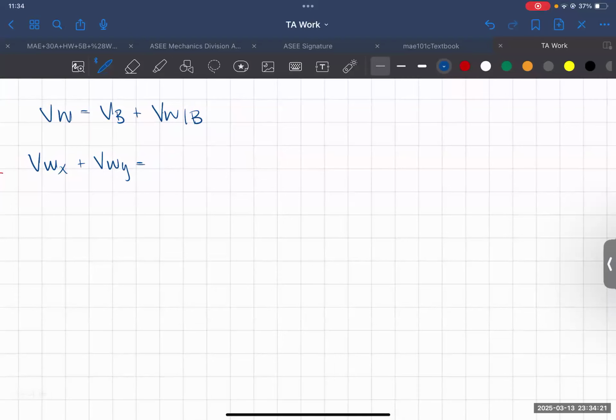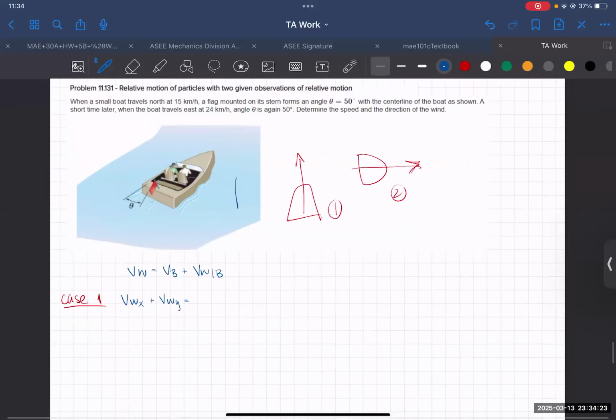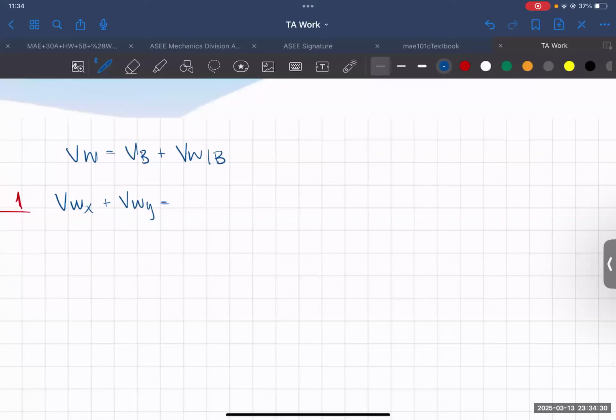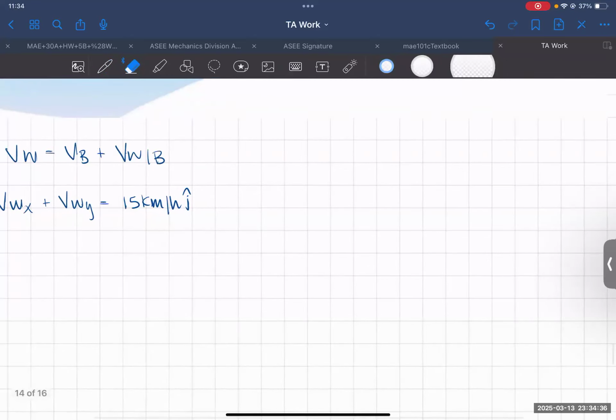This case, this is how we set up coordinates. So this is Y, this is X. So we will have 15 kilometers per hour for the J component, Y component. And we will have velocity of the wind with respect to the boat.